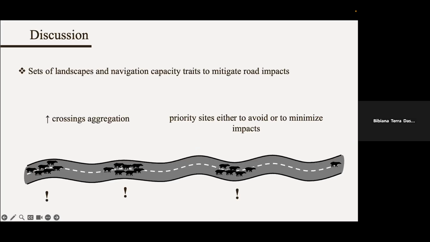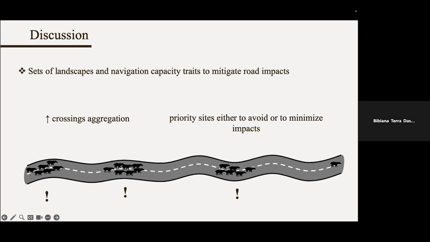These results highlight the landscape and species conditions that lead to more aggregated wildlife crossings. So we can use these conditions to mitigate road impacts. For example, the conditions that lead to more crossings aggregation can help us identify priority sites, either to avoid or to minimize the impacts, as the crossings will be concentrated in some place along the road.